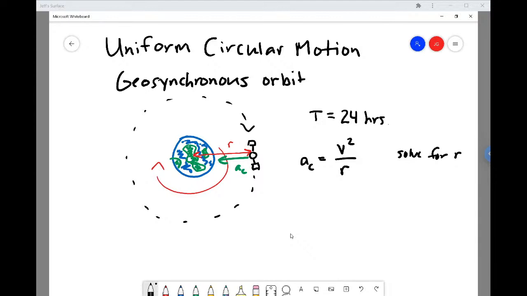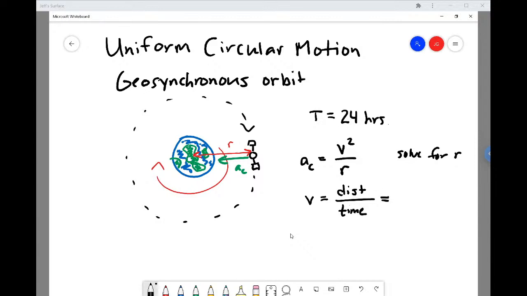And the speed is pretty straightforward. So if you have something moving in a circle, its speed at any moment can be found by taking the distance it travels divided by how long it takes to travel that distance.